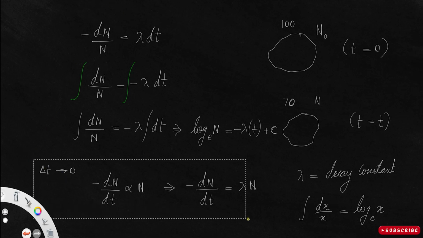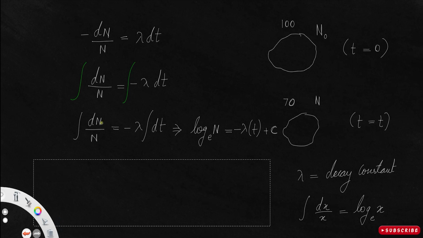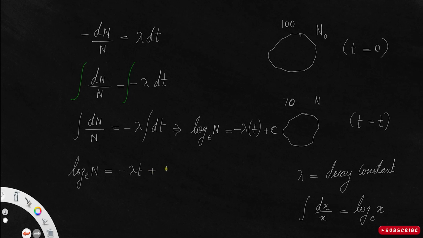So this equation will become log e n is equal to minus lambda t plus c. Now we need to find the value of this c.